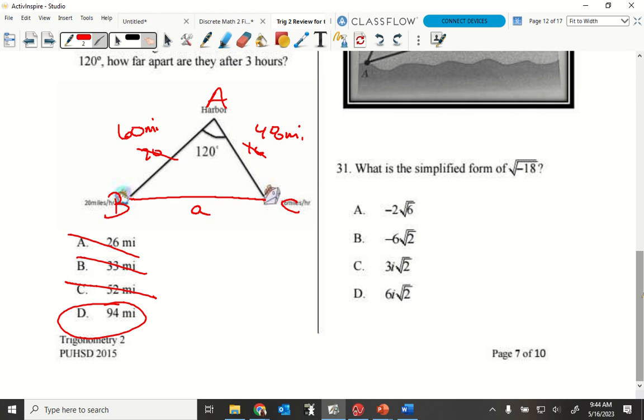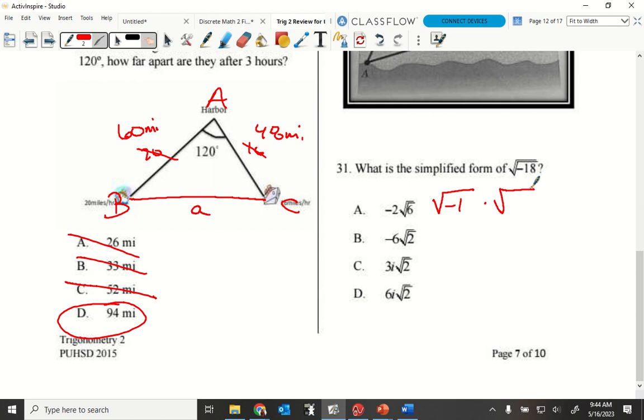Simplified form. Now, we're going to factor this. The square root of negative 18 is going to give me an i. But now, I want to use perfect squares, too.